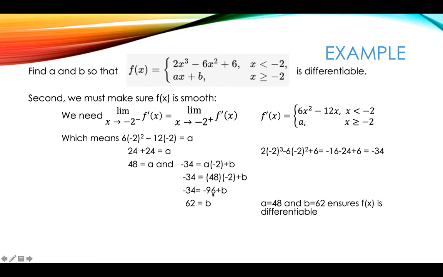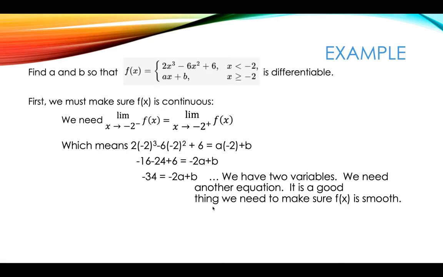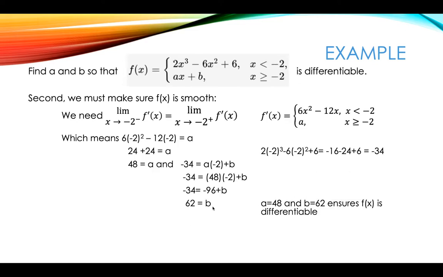So -34 equals -96 plus b. And so we add 96 to both sides to get 62 equals b. So 48 and 62 ensures that our function is continuous and smooth. And so it is differentiable.